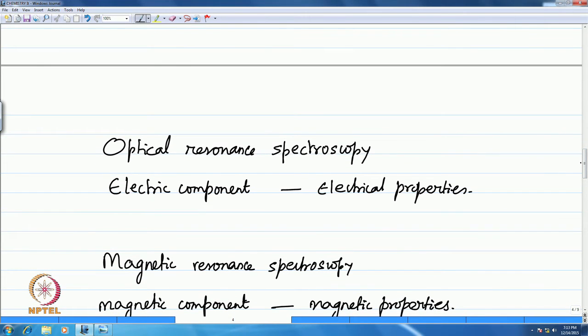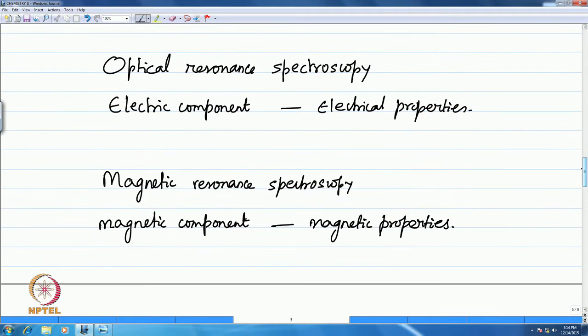And that's called optical resonance spectroscopy. It's the interaction of the electric component of radiation with electrical properties of matter. The other component of the electromagnetic radiation, namely the magnetic component of radiation, its interaction with magnetic properties of matter is the subject of magnetic resonance spectroscopy.